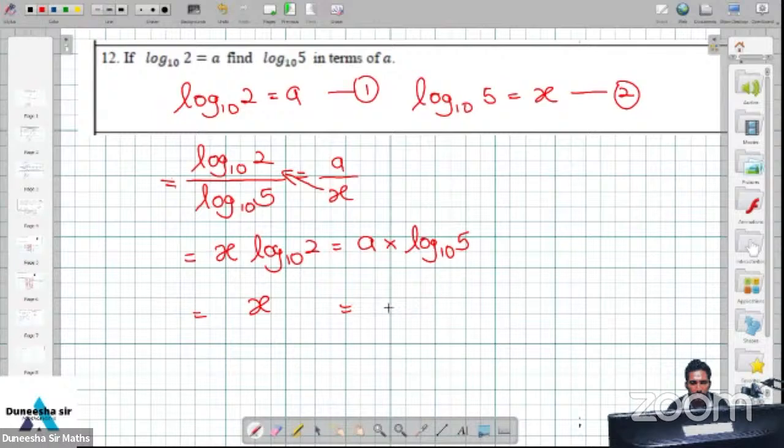Okay, you can divide both sides by the log 10 5. හරි cross multiply කරලා after I got the x as a subject. Find the log 5 log 10 to 10 5.